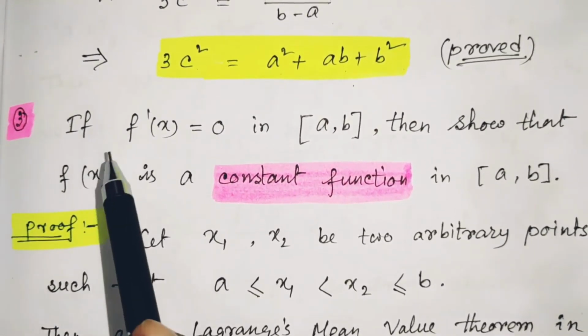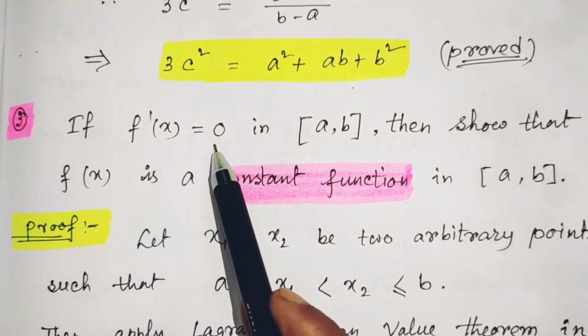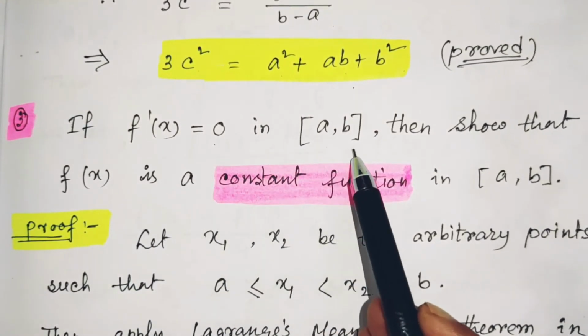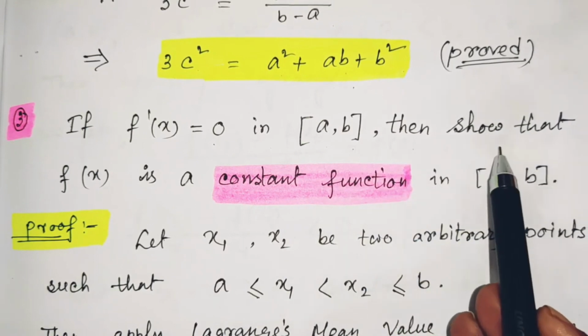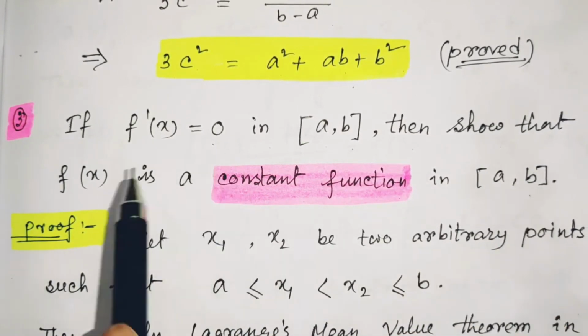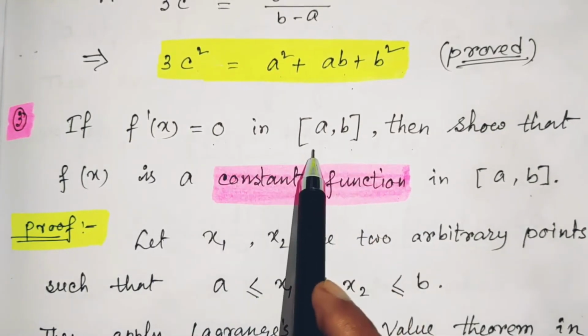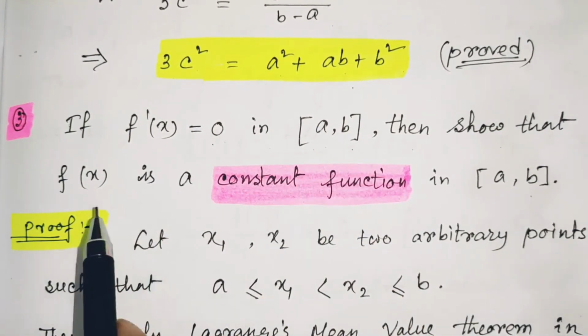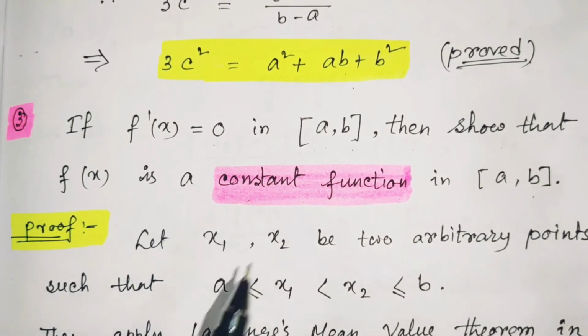So f dash x is 0 is given in the interval ab. Then we have to show that fx is a constant function in ab. So derivative is 0 within this interval, and our requirement is to show that fx is a constant function. So what to do?